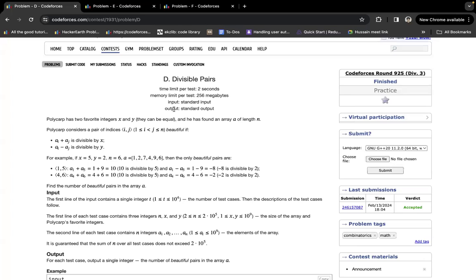Okay. So what does this problem statement say? Polycarp has two favorite integers, x and y. And he has found an array of length n. Polycarp considers a pair of indices beautiful if a_i plus a_j is divisible by x and a_i minus a_j is divisible by y. So we want to know the number of beautiful pairs.